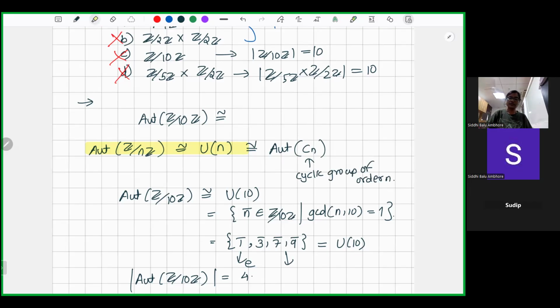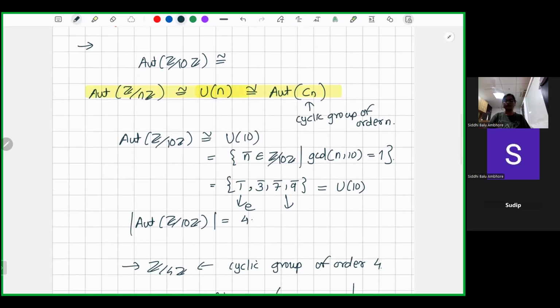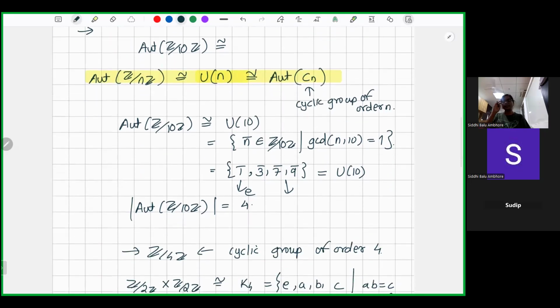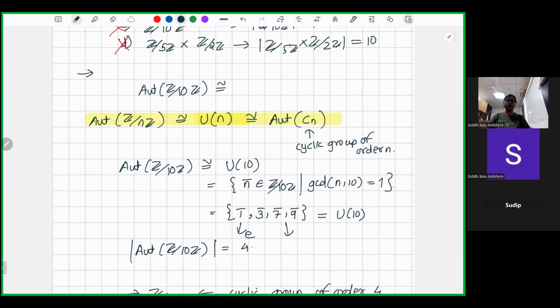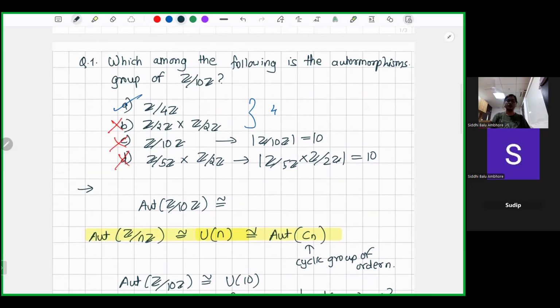Okay, so this still holds for any cyclic group of order n. We just calculated that the automorphism group of Z10 has 4 elements. So we had to check which among these first two is the group to which the automorphism group of Z10 is isomorphic.